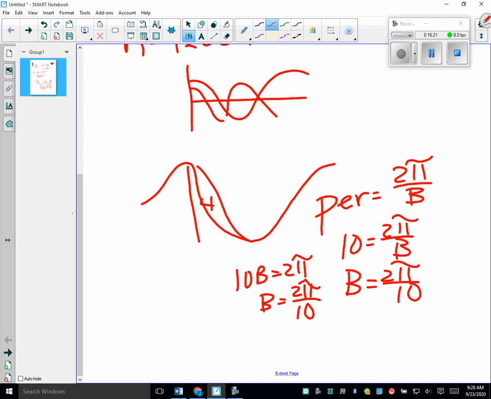So would you agree for number 4, my equation is y equals 2 cosine pi over 5 t, but it could be x, whatever letter you want to use. Are you with me? Okay.